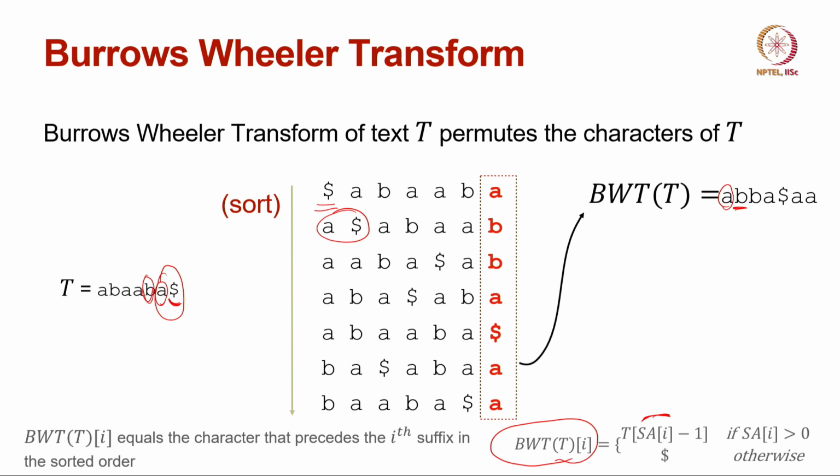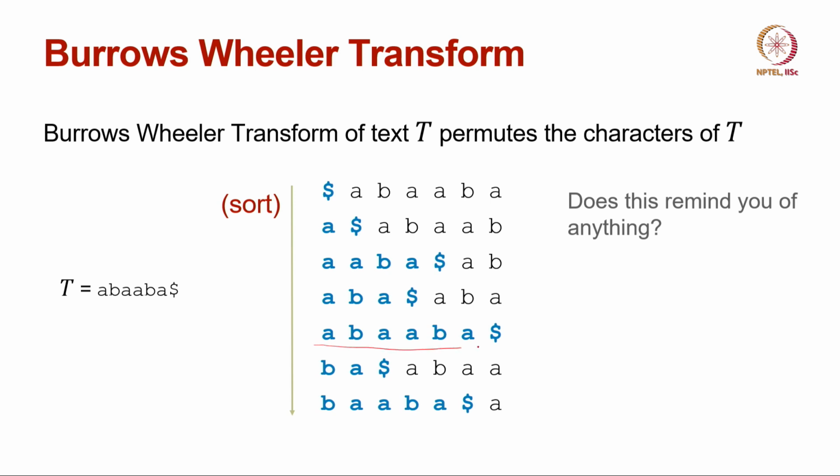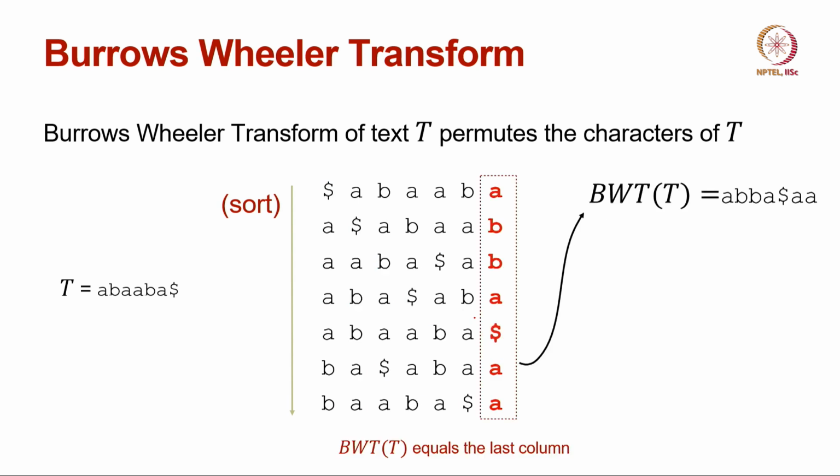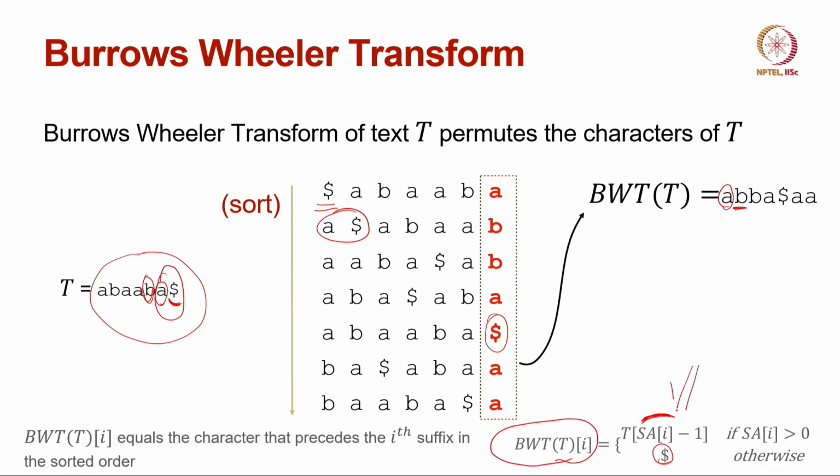If SA[i] is 0, that is when the suffix represents the entire string, then the Burrows-Wheeler transform character will be the dollar symbol. So, that is what this formula is representing.